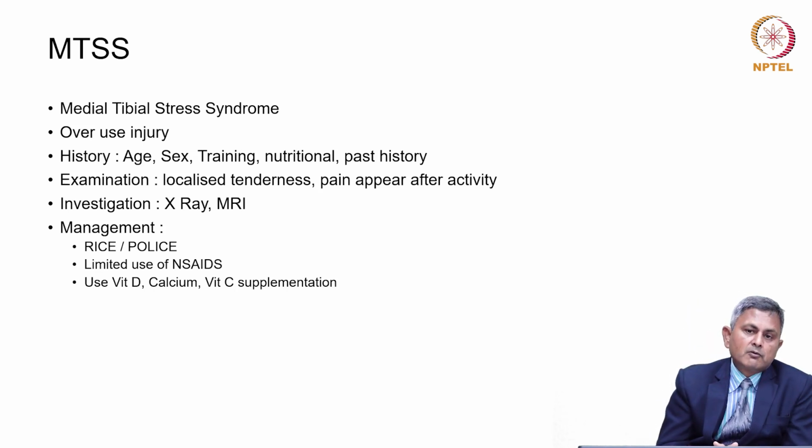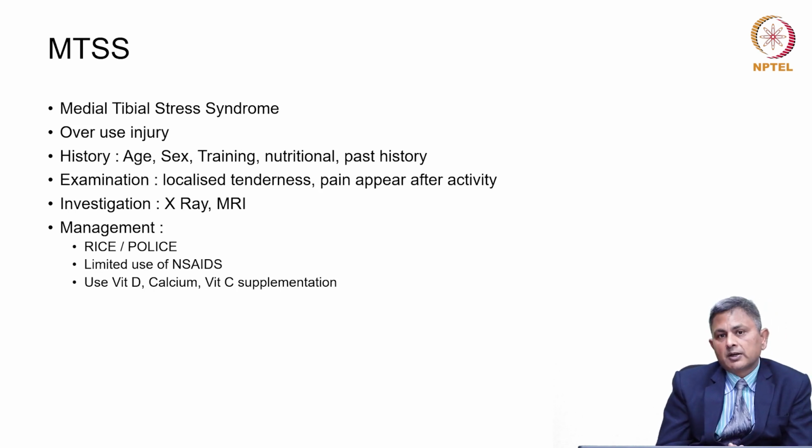While doing the examination for medial tibial stress syndrome, the junction between the lower two-thirds and the upper one-third of the medial tibia is acutely localized tender, and sometimes your athlete doesn't allow you to put your fingers or touch.